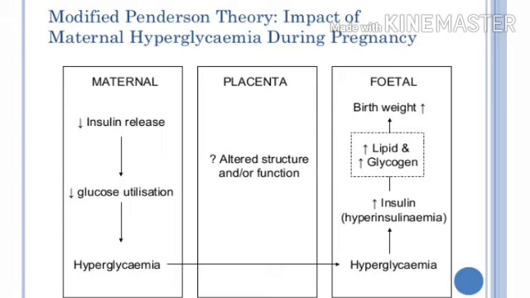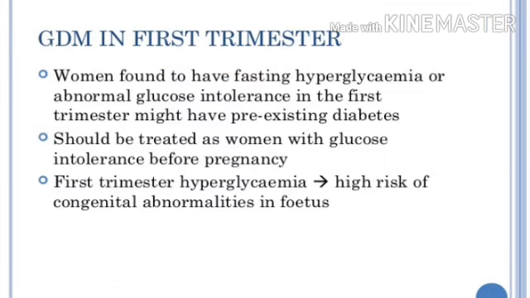We have seen that pre-gestational diabetes mellitus is associated with defects in organogenesis. So, what is the importance of diabetes mellitus detected in the first trimester?